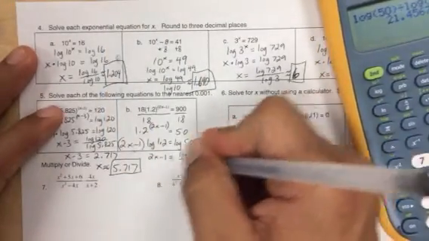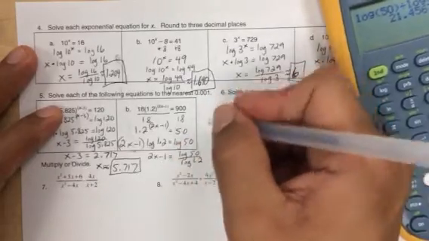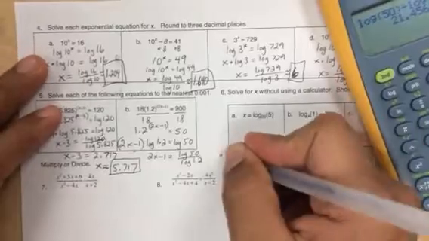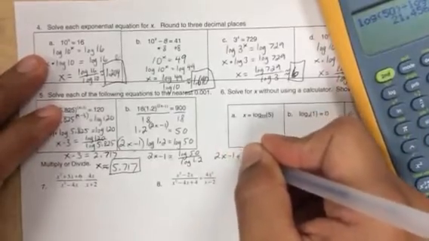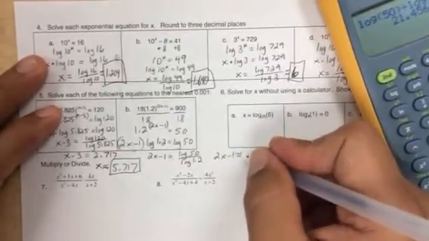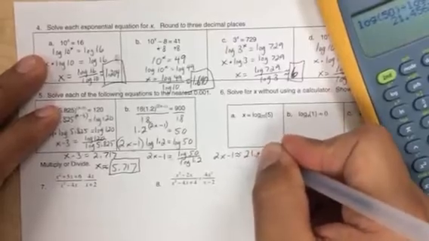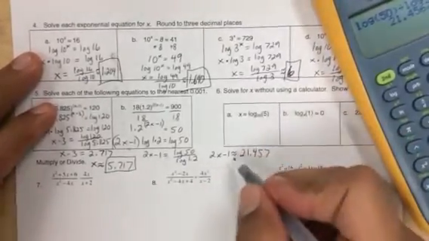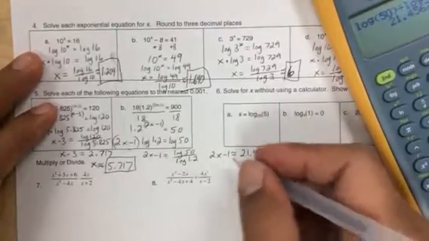So let me continue this over here. So 2x minus 1 is approximately equal to 21.457. Now next we want to add 1 to both sides.